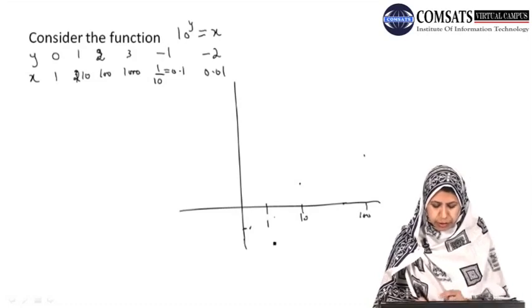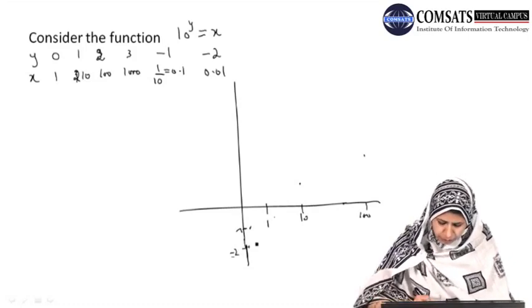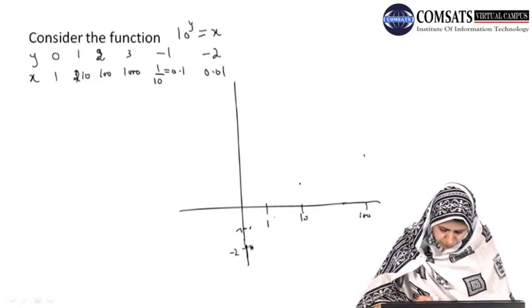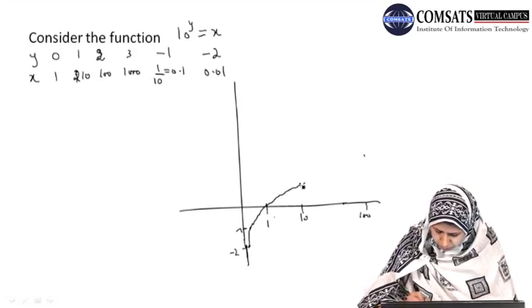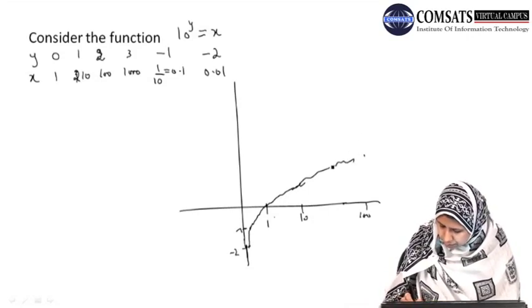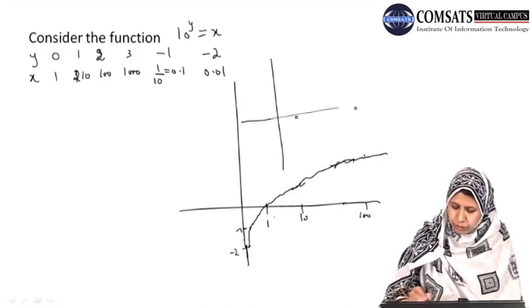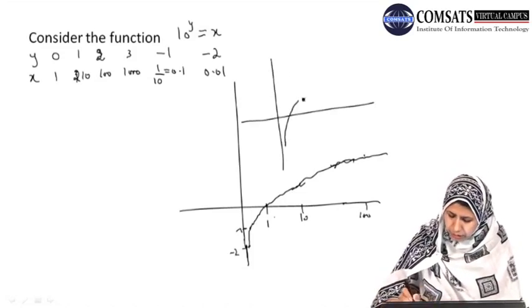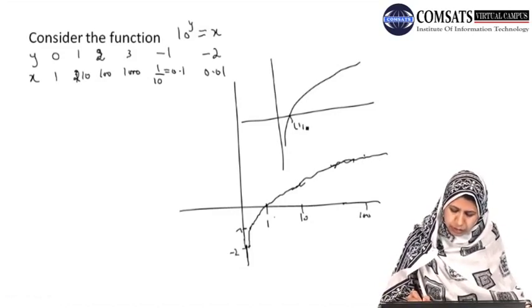And when x is 0.01, y is minus 2. Now we connect these points. So in short, the graph will look like this, with this point as (1, 0).